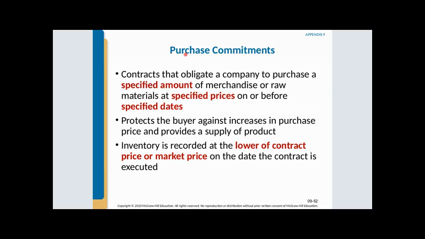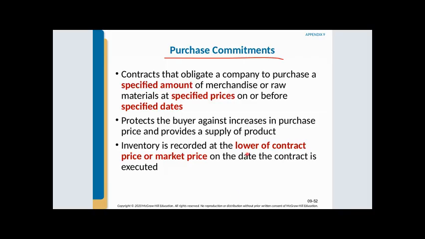All right, purchase commitments is another one that you don't need to know. This is just FYI. Purchase commitments is when we actually make a forward purchase. We are purchasing something in advance at a fixed amount on a fixed date.